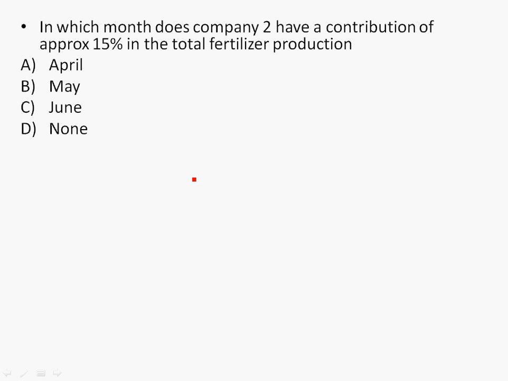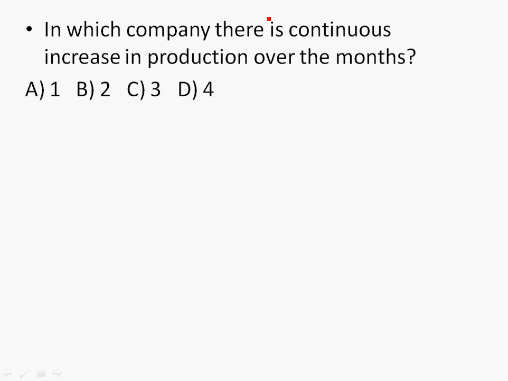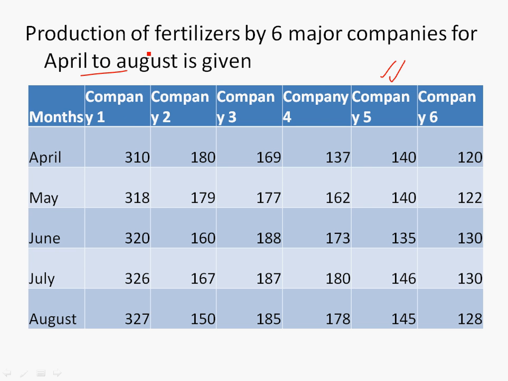The first question says, in which month does company 2 have a contribution of approximately 15% in total fertilizer production? So we have to now look particularly at company 2's data, which is this one.